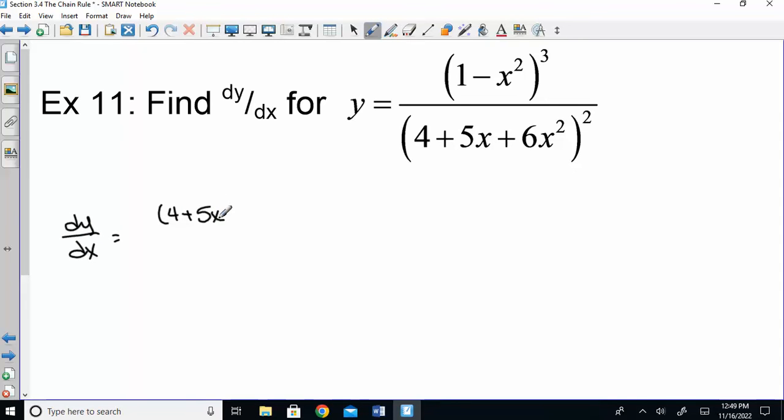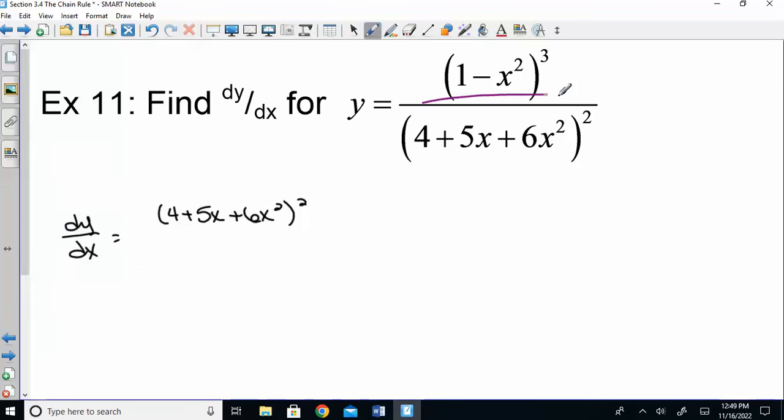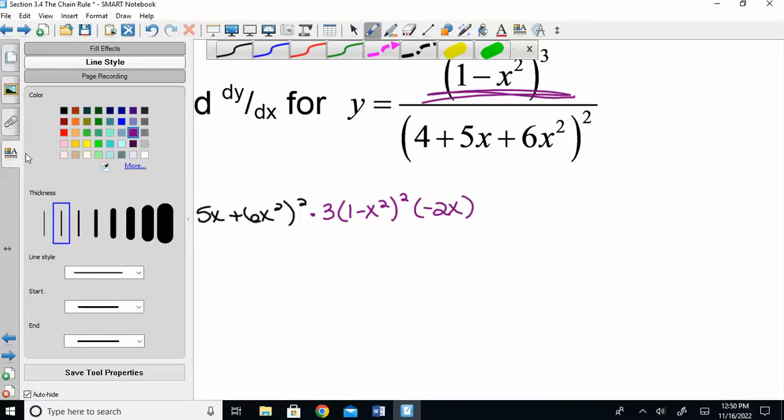So low D high. How am I going to do the derivative of the top? Chain rule. So 3 comes down, 1 minus x squared to the second, times derivative of the inside, which is -2x.